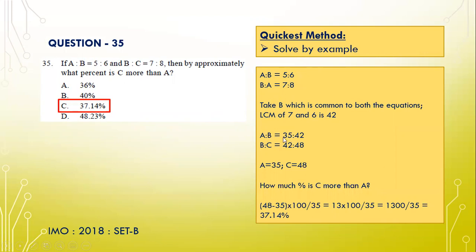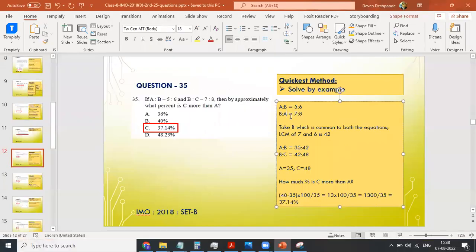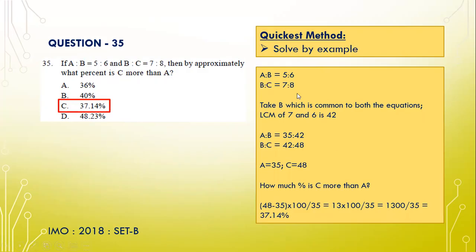So A is to B is 35 is to 42, because it is the same ratio as 5 is to 6. And B is to C is equal to 7 is to 8, which will be 42 is to 48, because 6 sevens are 42 and 6 eights are 48. So now 42 is common.